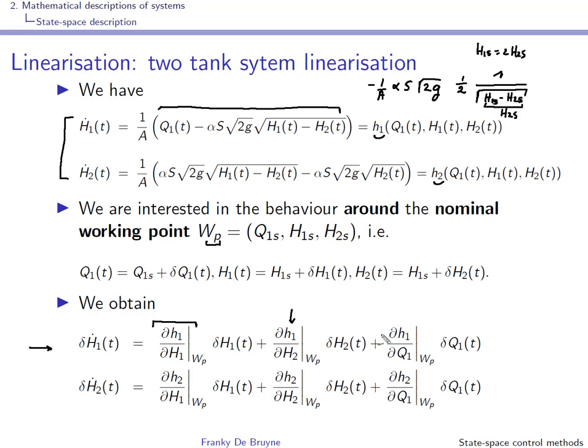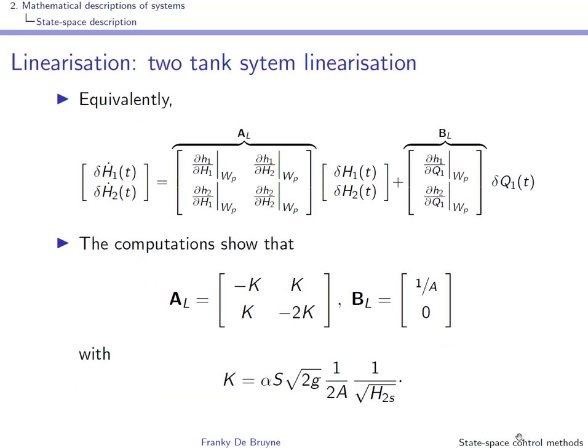For instance, for this one it's very simple because we have a linear relation. So if we take the partial derivative with respect to Q1, this one will be 1 over A. So we can rewrite this in the form of a first order state space matrix equation.